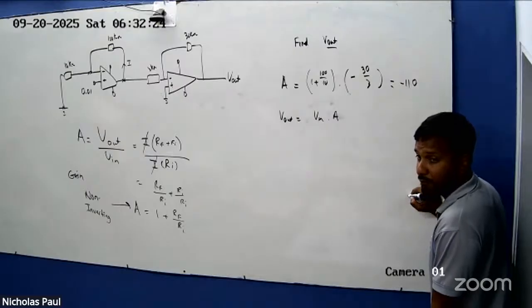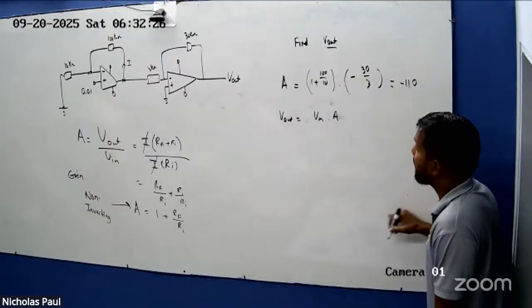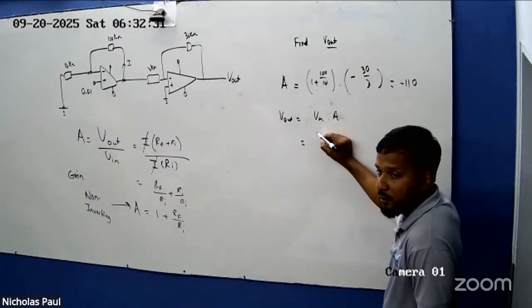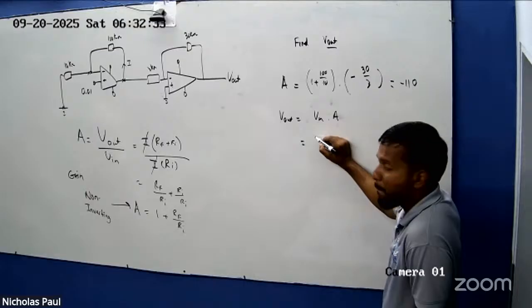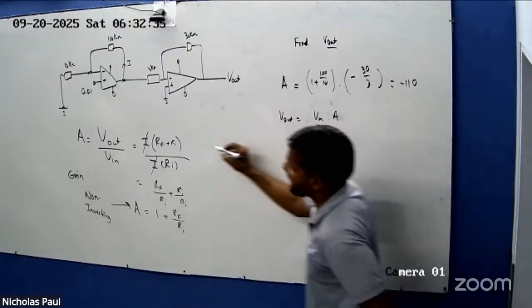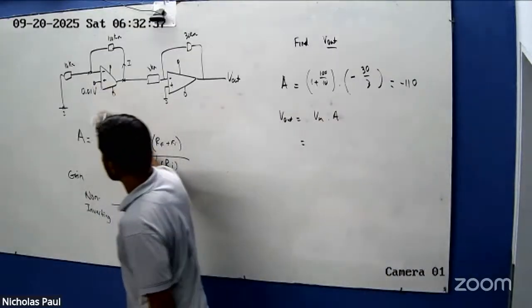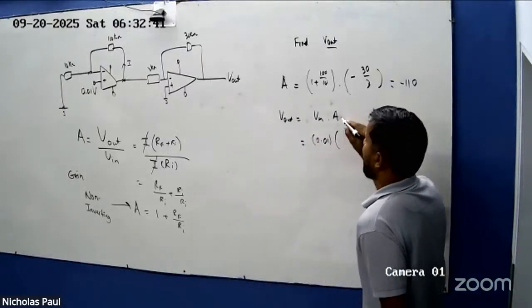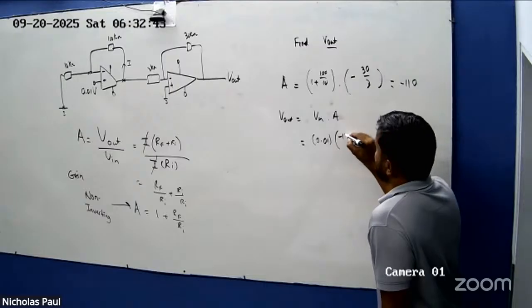So the final answer is what? What's the input? I gave it here. 0.01, and the gain is minus 110.